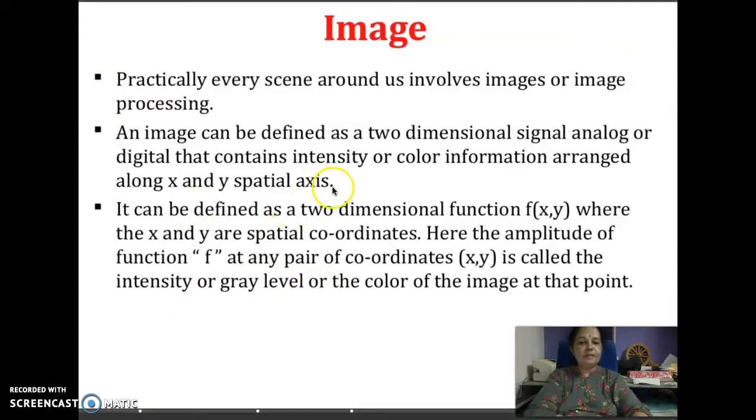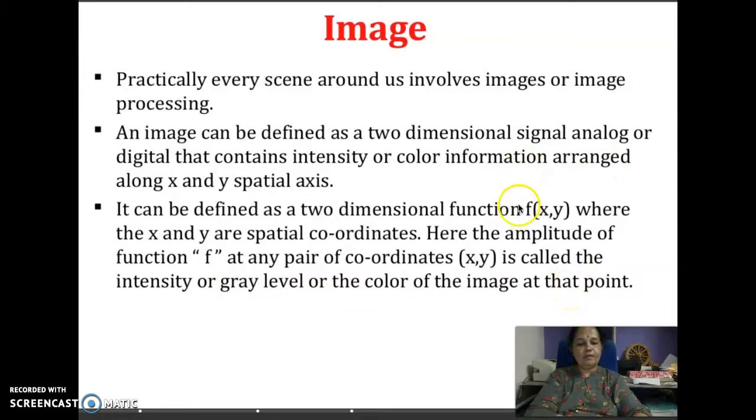So the same is elaborated next. The image is defined as a two-dimensional function. If we represent as a function, we can perform the mathematical operation on that signal. So this signal is now represented as a function. Image is defined as a two-dimensional function f(x,y), where x and y are the spatial coordinates, and the amplitude of this function f is referred as the intensity, or it is the gray level or the color of the image at that point.